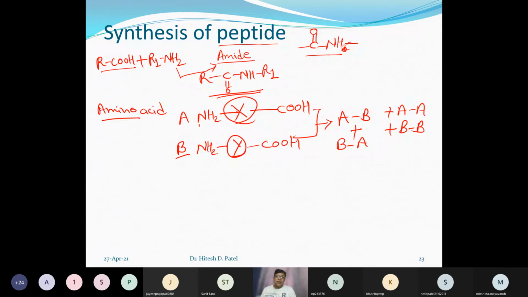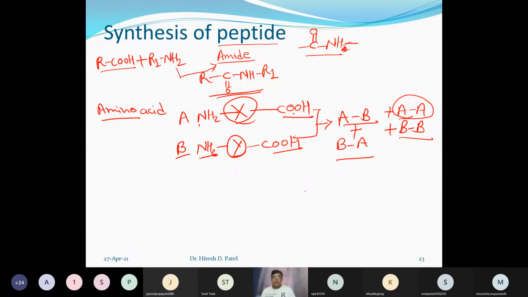This amine will combine with the COOH of this, so an A product forms, and with the COOH of the first and NH2 of the second, the BA product will form. So based on this, we can say we are having a mixture of products.